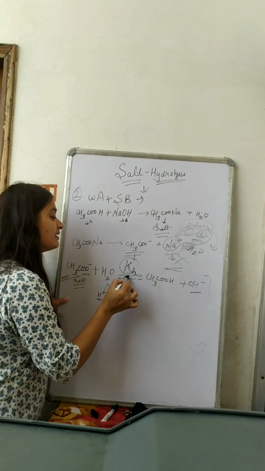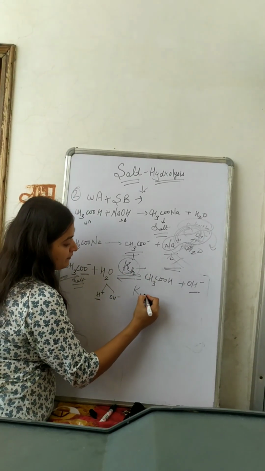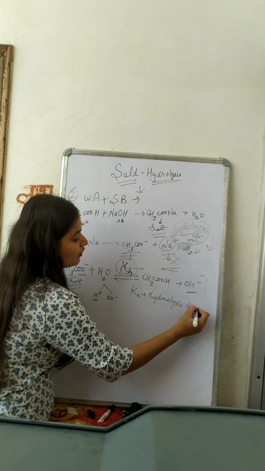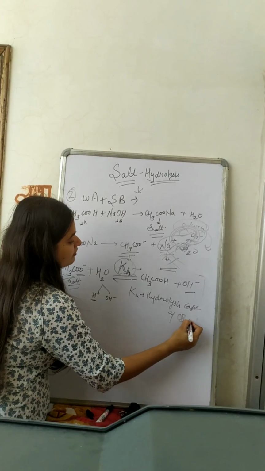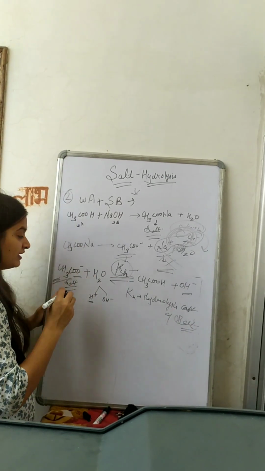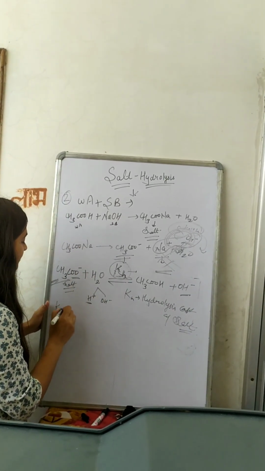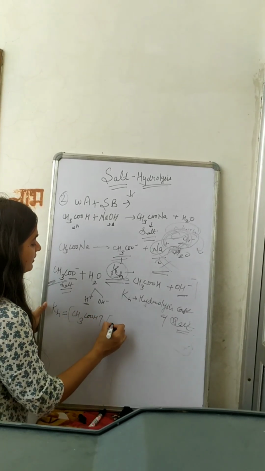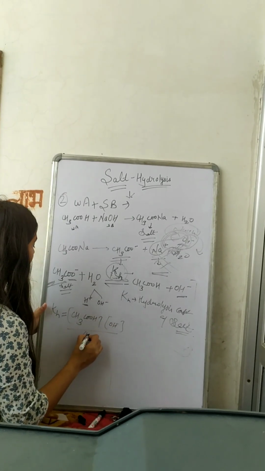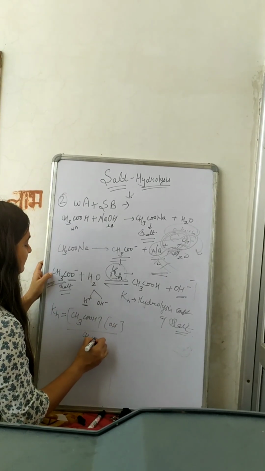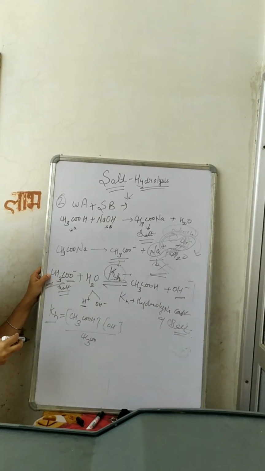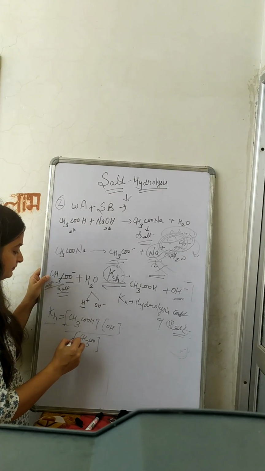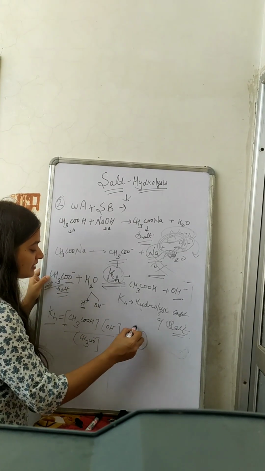So Kh is known as the hydrolysis constant of the salt. That means Kh is equal to the concentration of products divided by the concentration of reactants. This is the first equation.